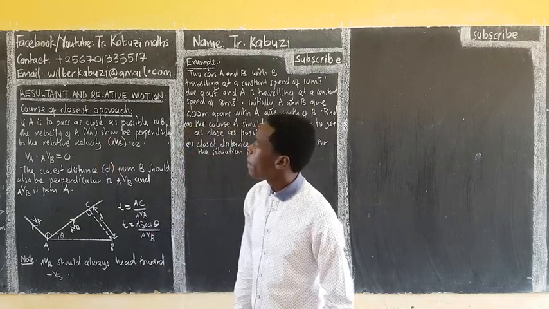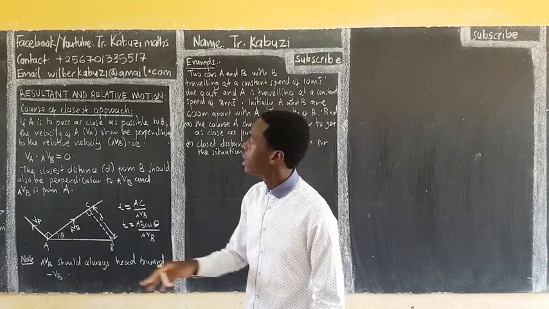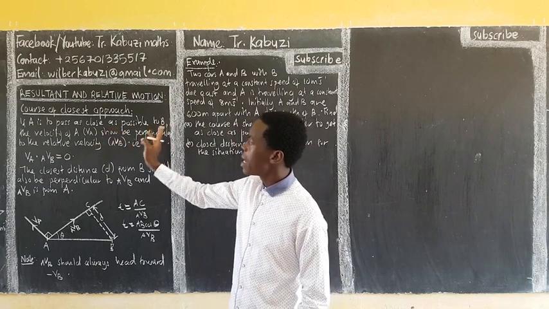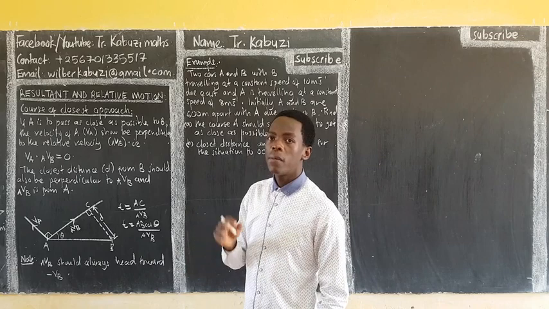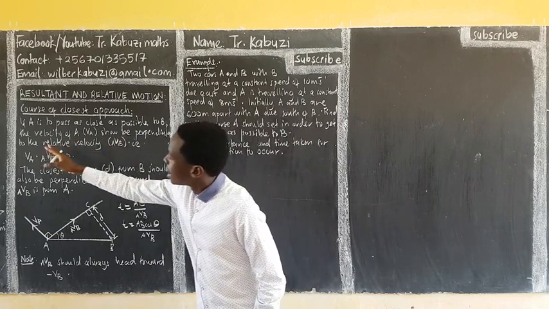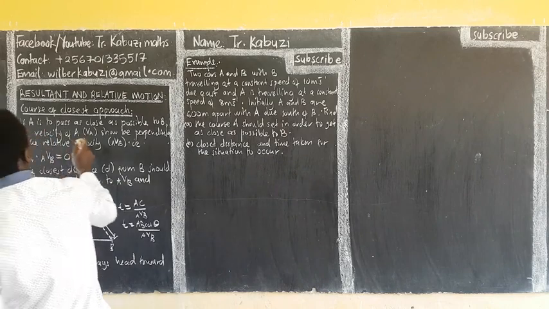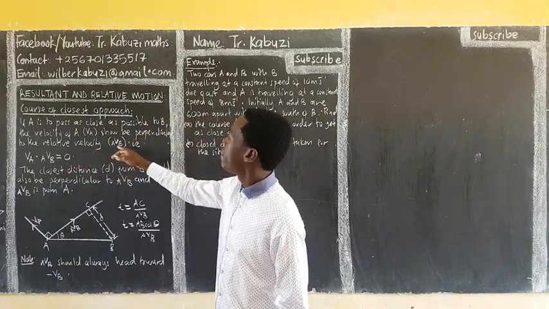If A is to pass as close as possible to B, so now A is the one to pass as close as possible to B, then the velocity of A should be perpendicular to the relative velocity AB.